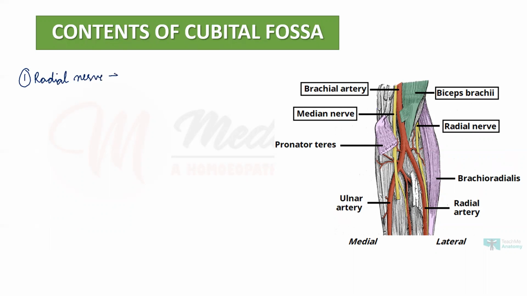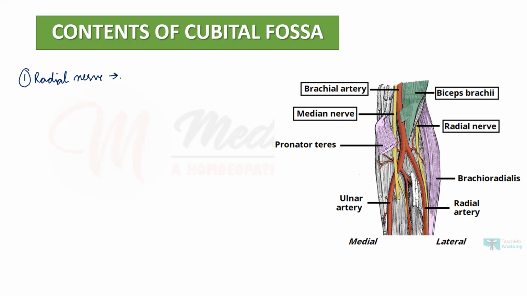Remember that this radial nerve travels along the lateral border of the cubital fossa and then it divides into superficial and deep branches. You can see the superficial branch, and one more branch is going inside here. That is the deep branch.